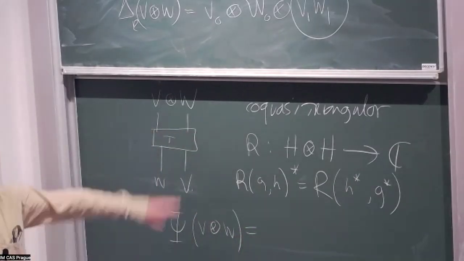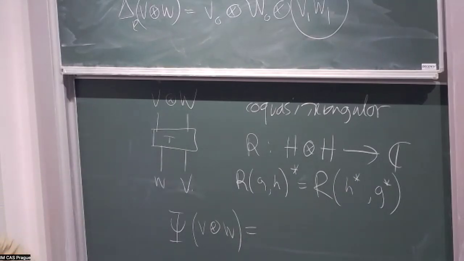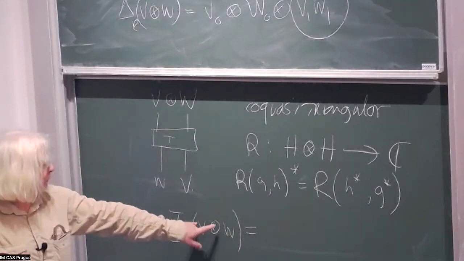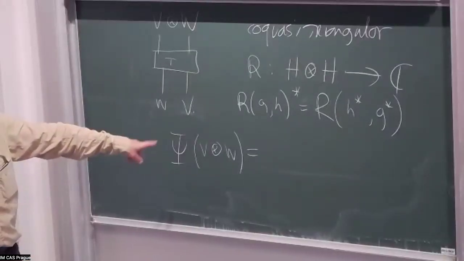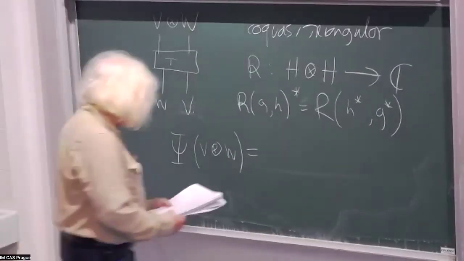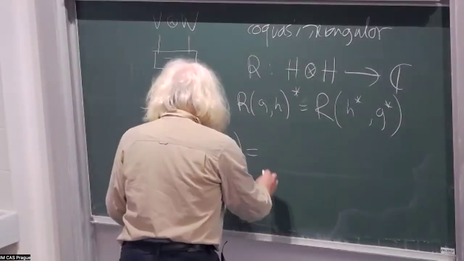But what this R matrix gives us is a preferred co-module map from a co-representation V tensor W, which swaps the order. So let's write that in here.